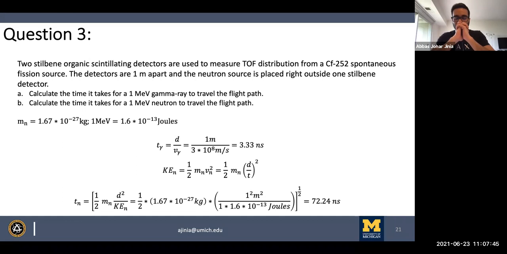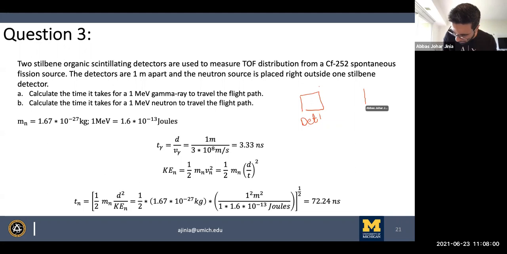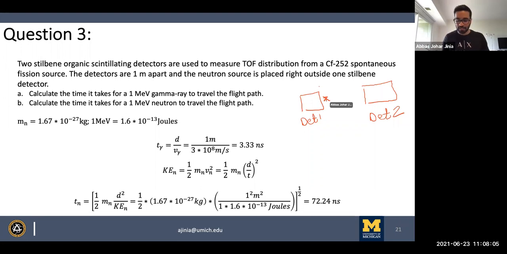Normally the purpose of time of flight is that we are mainly interested in neutrons. So what will happen if you have two detectors, detector 1 and detector 2, and fission happened, a neutron went in this detector and a gamma came in this detector.